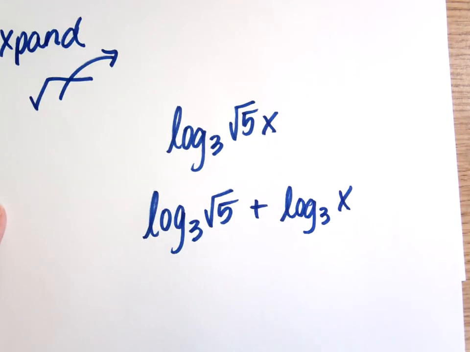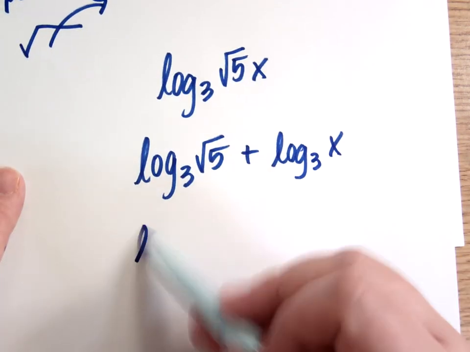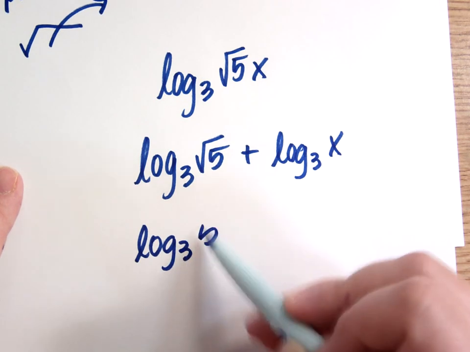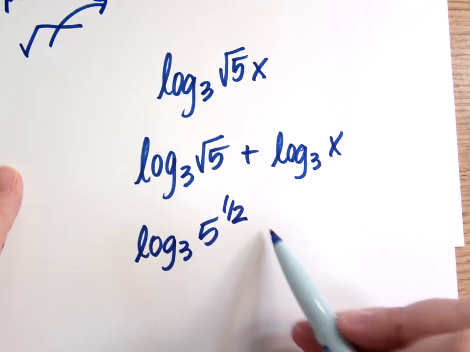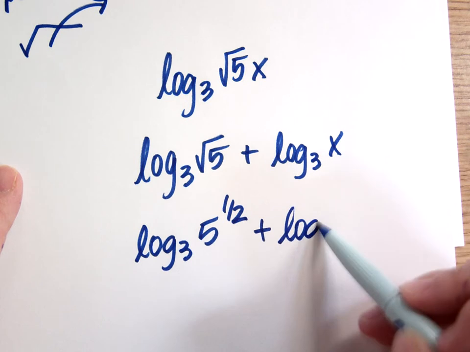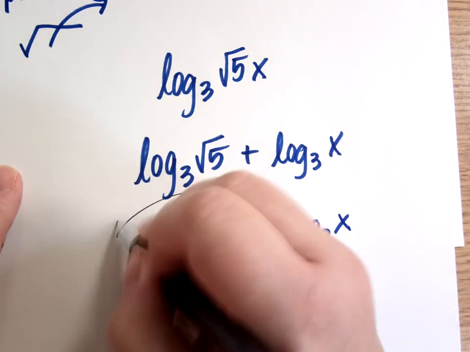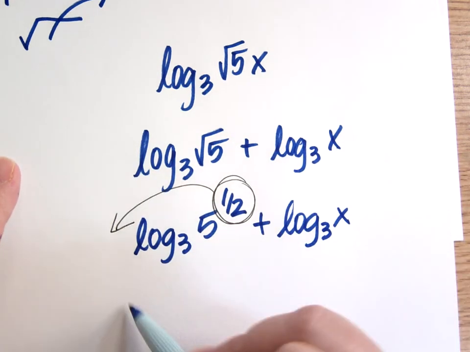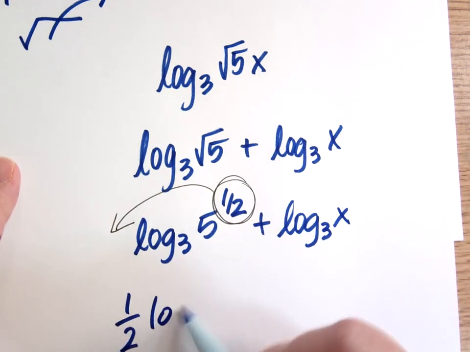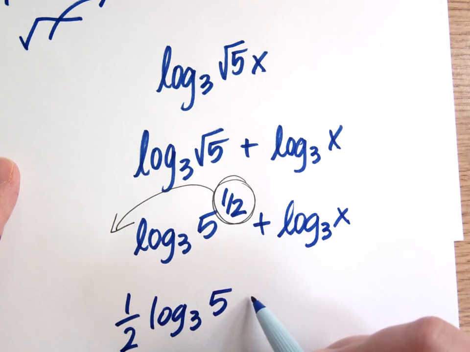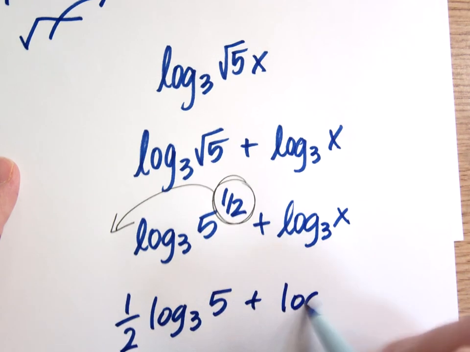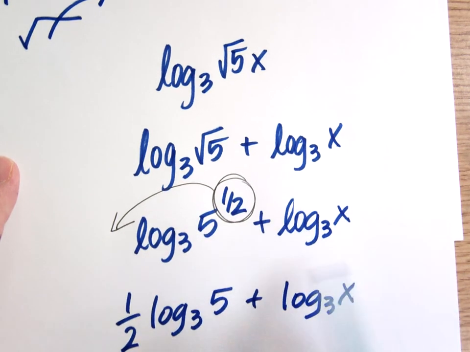Usually if we're expanding, we want to break it down as much as possible, so we want to treat that like 5 to the 1/2 power. Square root is 1/2 power. And then bring this guy out front. So if you're expanding, get it out of radicals. If you are condensing or writing as a single log, if you're putting it together, put it into radicals.